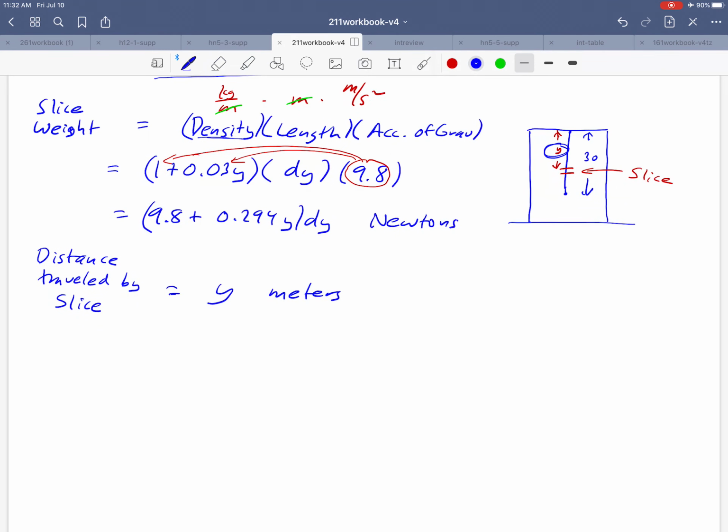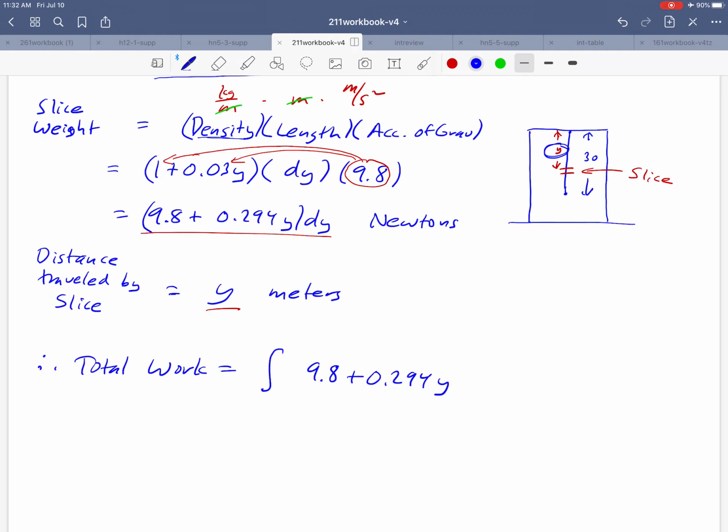To get the total work, we start with the force times the distance of just our one slice, and then we add up all of the works by taking the integral of that. It's that typical one-slice-at-a-time approach to finding work.